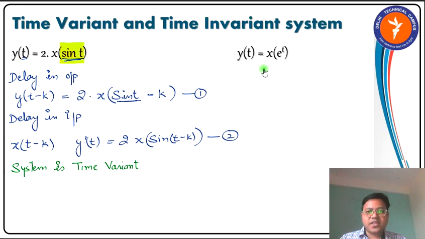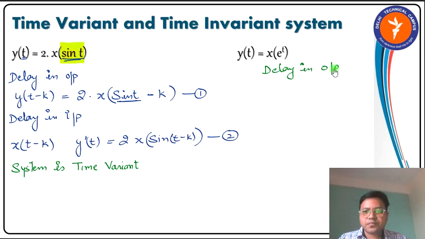Let us check this example. This example is again very similar to this one. We had scaling here with the function of sine, and over here we again had a scaling of time by the function of exponent. So I can directly say that the system is time variant, but in the university exams we have to solve it, so let us solve it. Let us bring a delay in output.